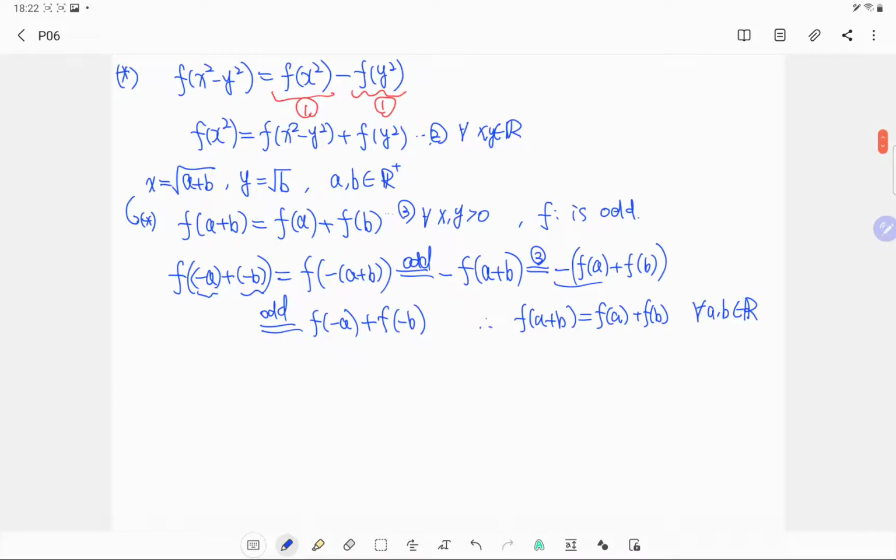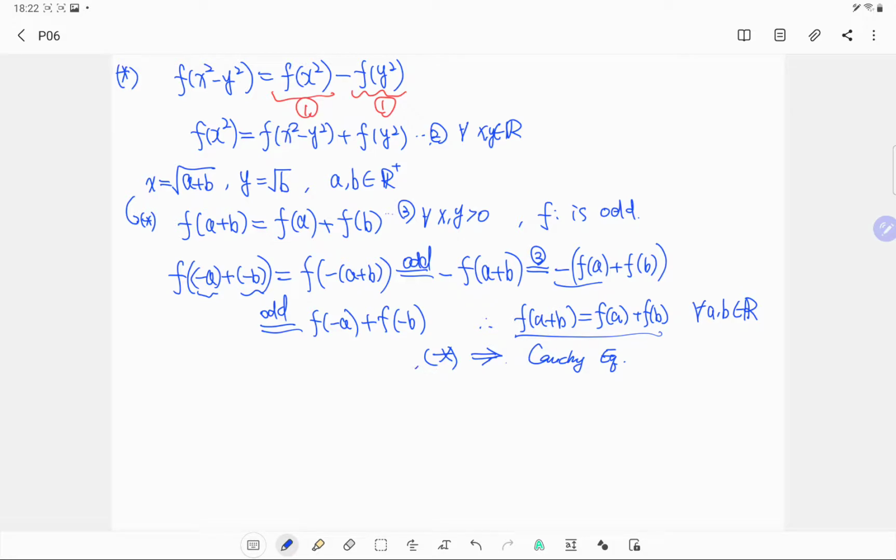So next, up till now we know that this is actually the Cauchy equation. The Cauchy equation, which means that from the original functional equation, we can actually derive the Cauchy equation.